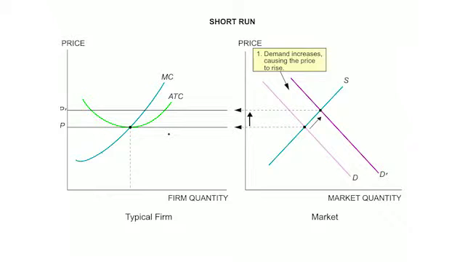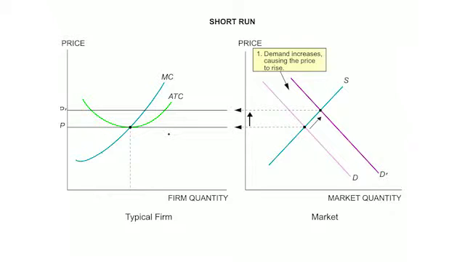And now we can take that over to the left side of the diagram and we see that there's a higher price. Now, the typical firm in this industry is going to observe this higher price. What's it going to do? It's going to say, well, I want to adjust my production so that the marginal cost equals this new price.